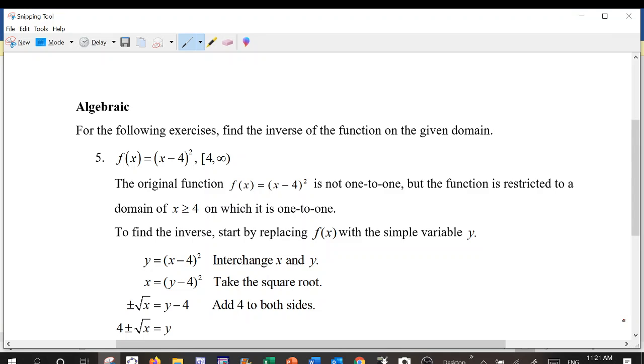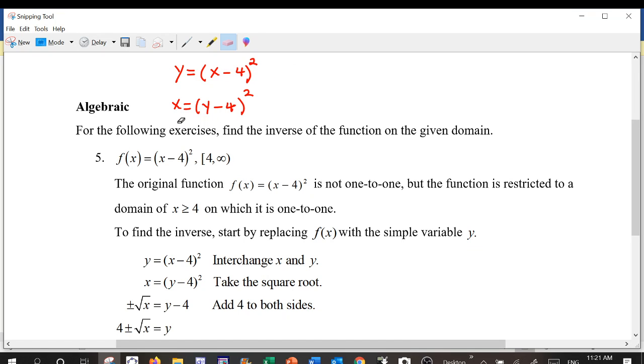So all we have to do to find an inverse is to let f of x be y, right? And then switch x and y. And then solve for y.